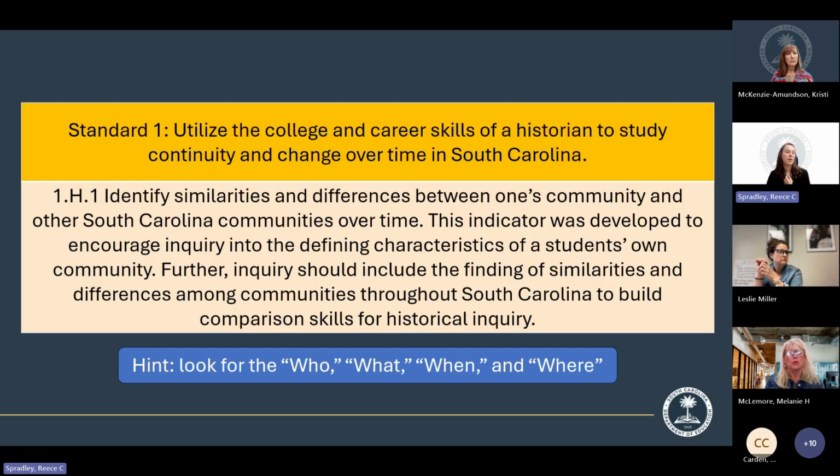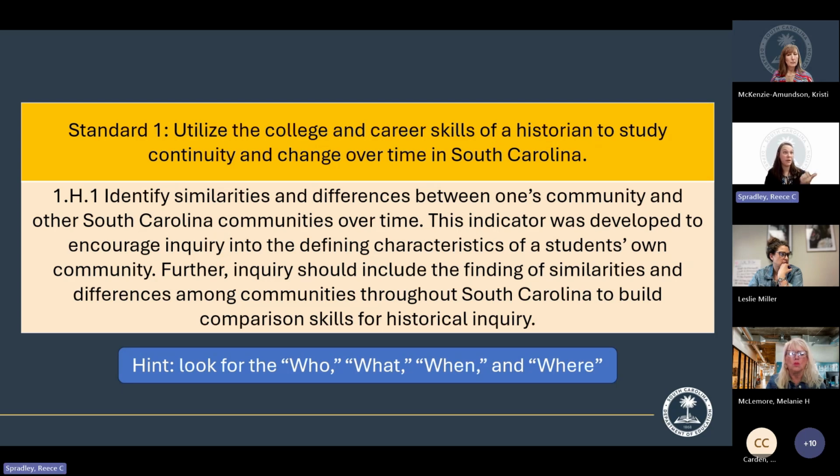Yeah, over time. So we know this is going to be something where we're going to have multiple content about the same thing from different time periods. Yeah, so students and communities, that's a bucket, so wherever you're teaching.